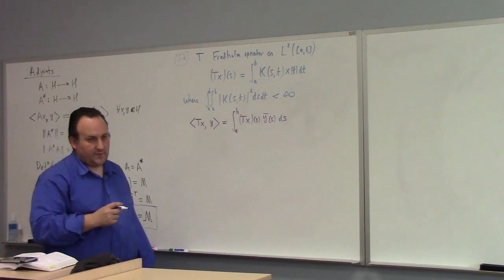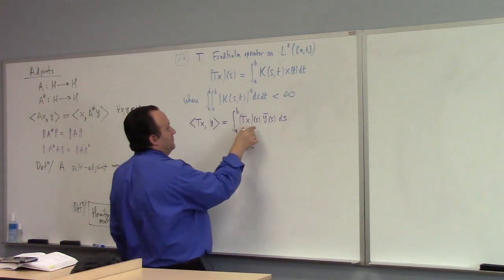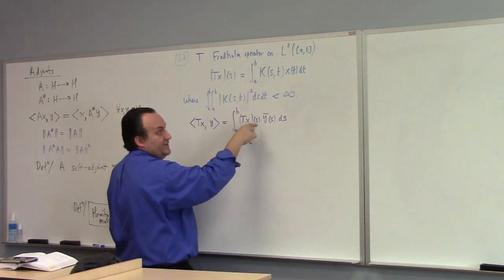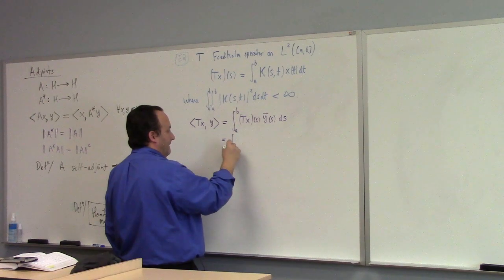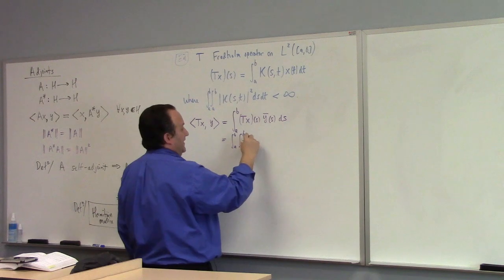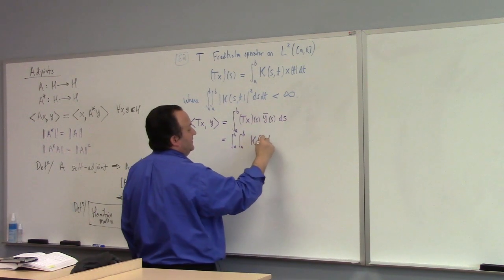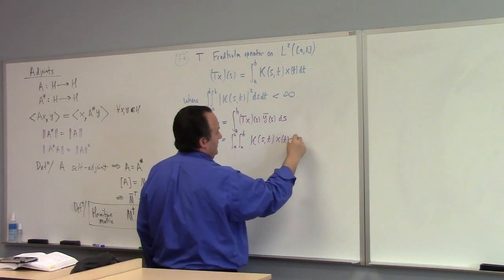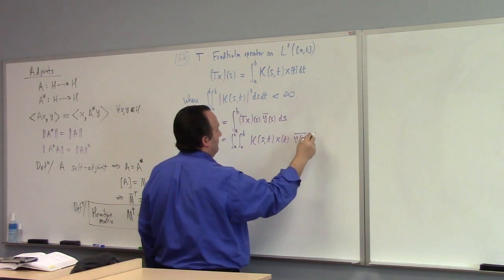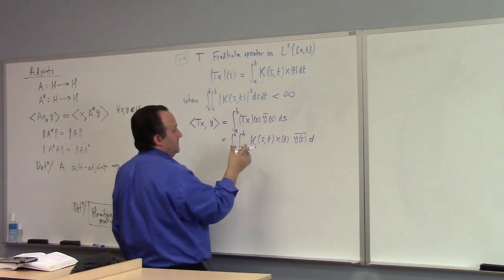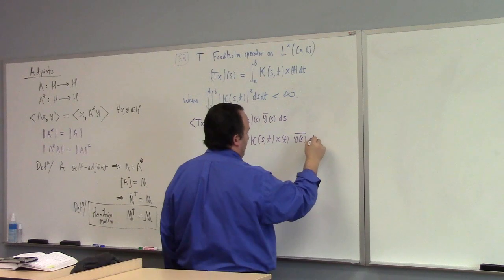And then, of course, he plugs in the definition of the Fredholm operator, and this becomes a double integral, an iterated integral in this sense. So k(s,t) x(t) y(s) conjugate. And I guess dt comes first.